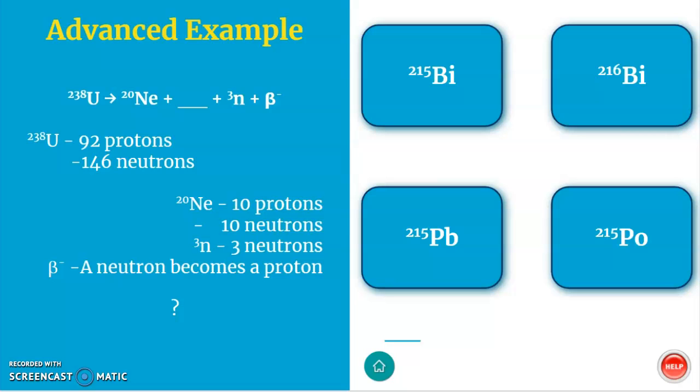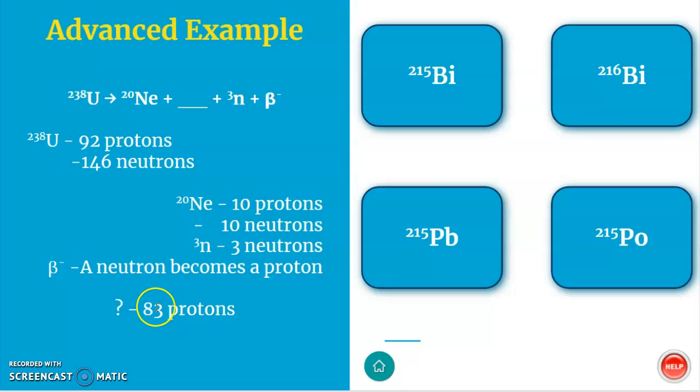Okay, so what do I have so far in my products? I have 10 protons plus 13 neutrons. Again, the total number that I'm going to have is 93 protons and 145 neutrons. It's not the same because of that beta radiation. So whatever this thing is has to have 83 protons.